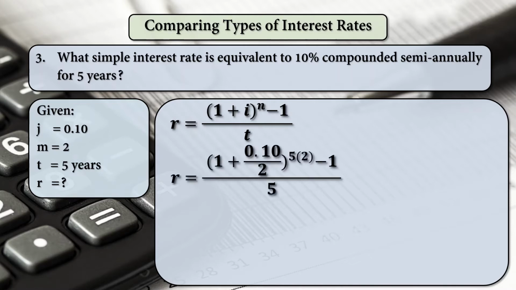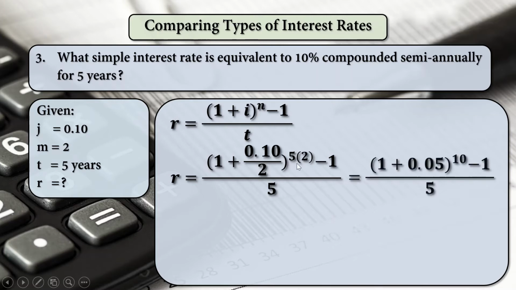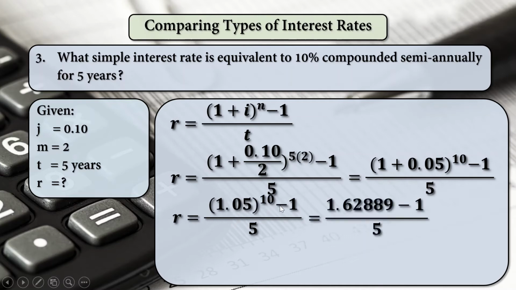Since I is equal to J over M, our 0.10 will be divided by 2, and since N is equal to T times M, that is 5 times 2. So 0.10 divided by 2 is 0.05, and 5 times 2 is equal to 10. Adding 1 and 0.05, that is 1.05 raised to 10, and that will result to 1.62889.